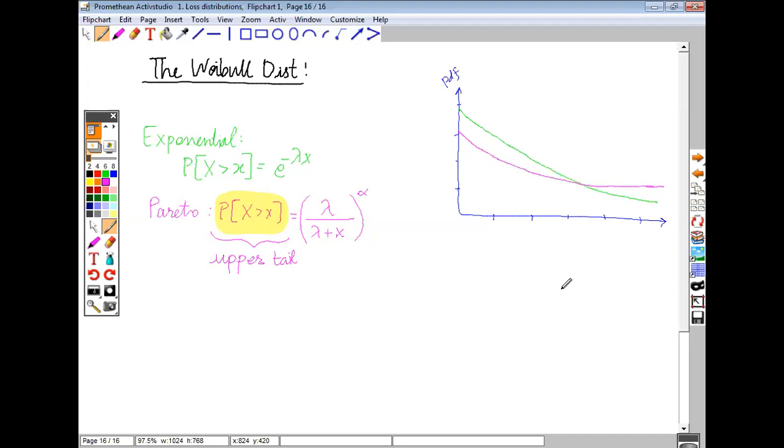So now again, what will happen if, let's say, you don't observe either Pareto or exponential kind of a tail? So you might need something which has a heavier tail than either of these, or even a lighter tail than either of these. So that is where Weibull comes into the picture.